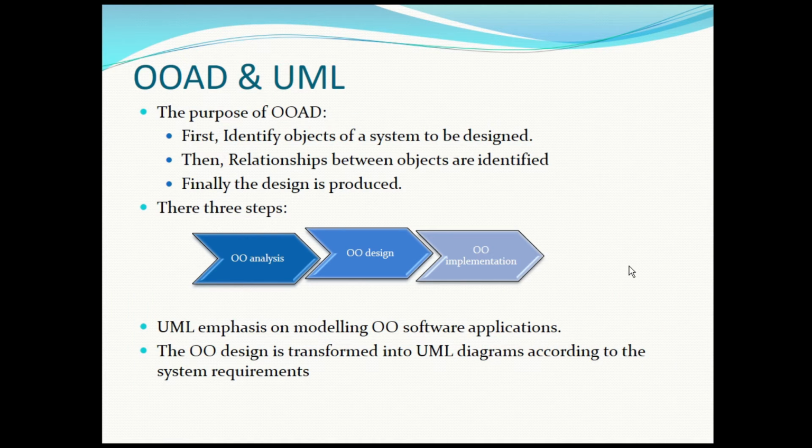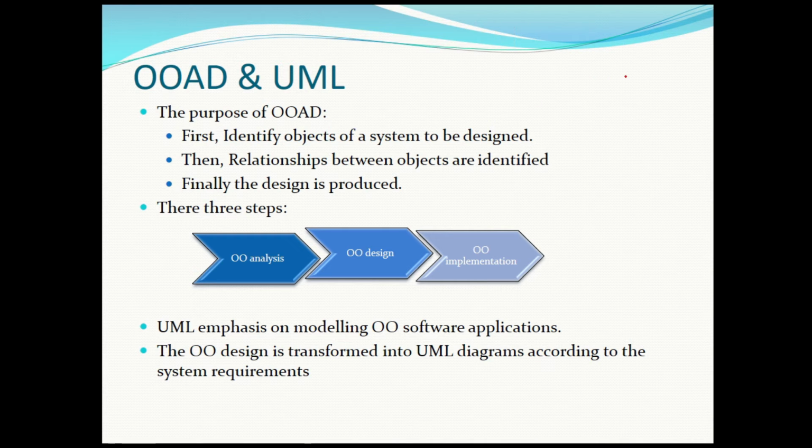OML and UML. Now, in object-oriented methodology and in general, when we develop software, the first thing we need to do is identify all the objects in the system. So if you're developing a system for a college, for example, you will say, I have a student object, a teacher object, a class object, a course object, and you try to see all the objects that could be included inside the system.